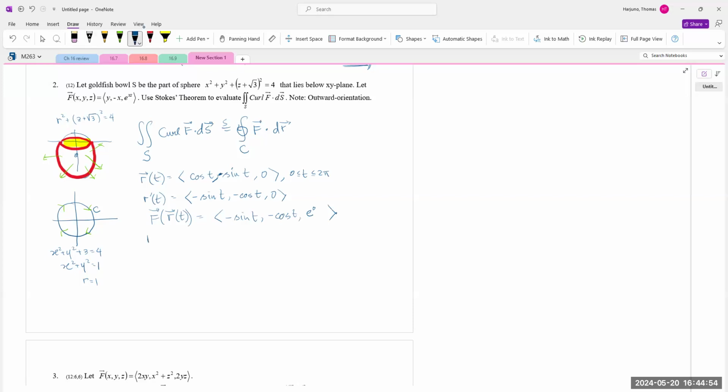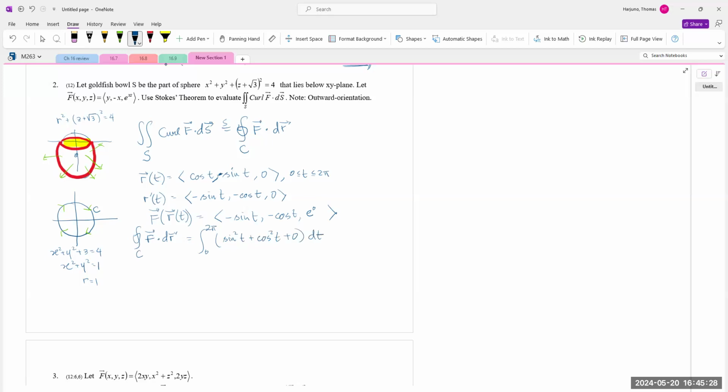And therefore, when I do F dot dr, the integral over the closed curve C equals the integral from 0 to 2 pi of negative sine t times negative sine t dot r prime t, that's sine squared t, plus cosine squared t plus 0 dt.